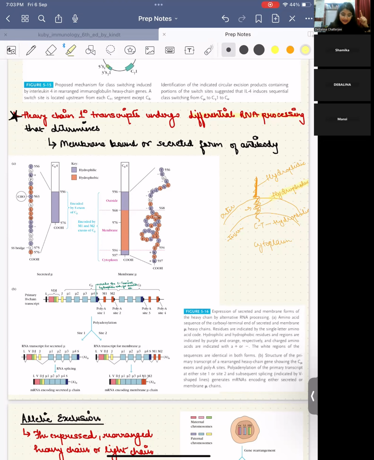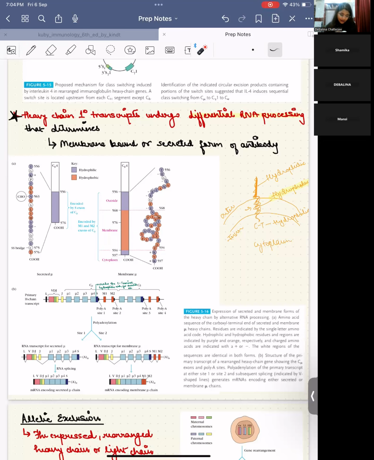So if it has lost its hydrophobic domain, it is never going to get a chance to get embedded into the cell membrane, and it will never be able to cross the cell membrane, and thus it is never going to be in a membrane bound form. Is this clear?